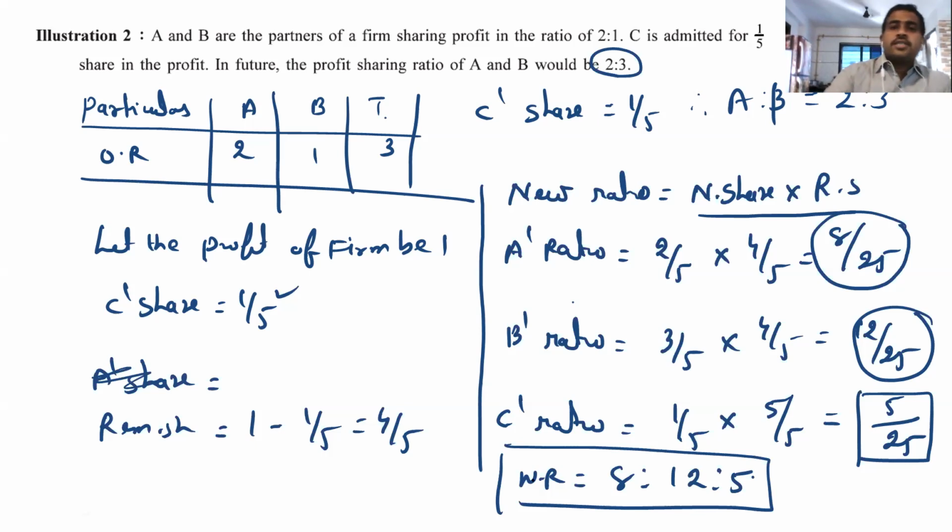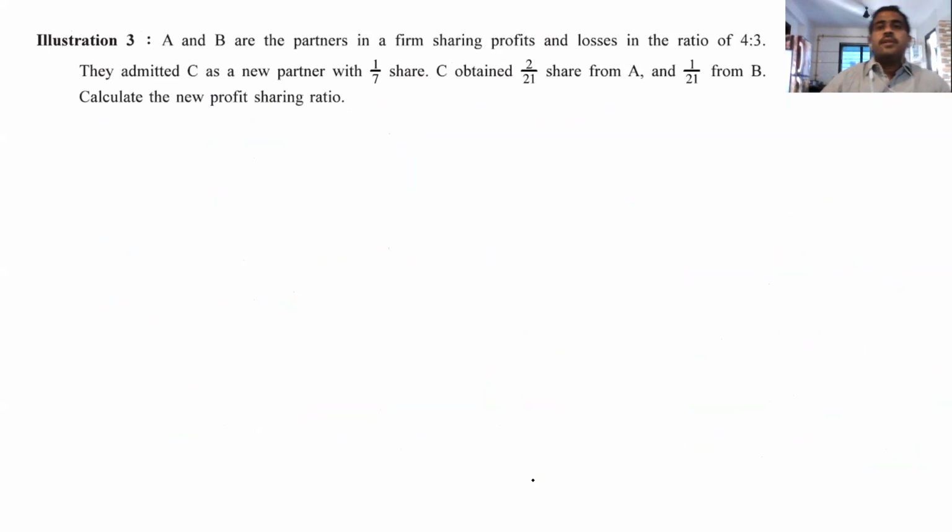Now let's see the next question. What is in this question? They are saying that A and B are partners sharing profit in the ratio 4 is to 3. So let's start. Particulars: A, B and total.